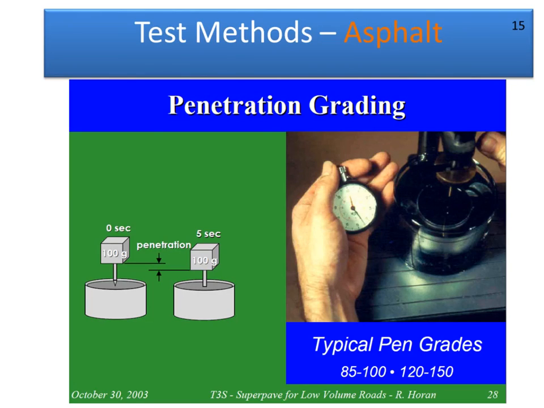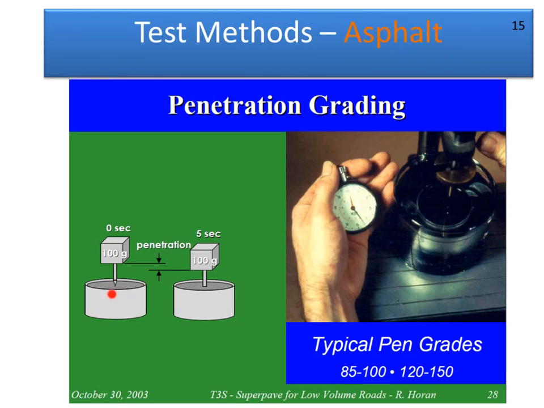When asphalt is heated to very high temperatures, it will behave more like a liquid, and at lower temperatures it will be more of a solid. So it's important to run this test at some specified temperature under ASTM standards to get an appropriate penetration number, because the temperature of the asphalt is going to affect how much penetration we get.